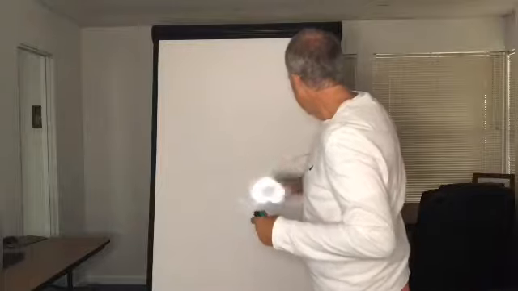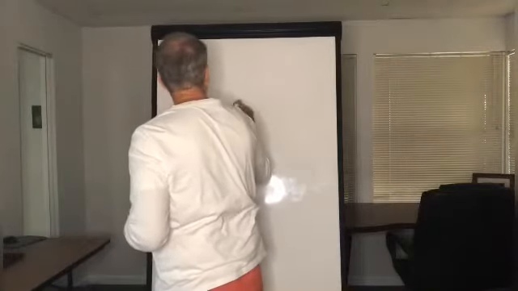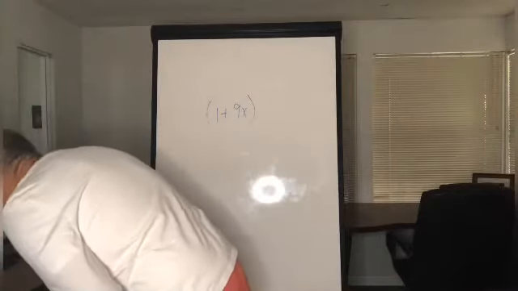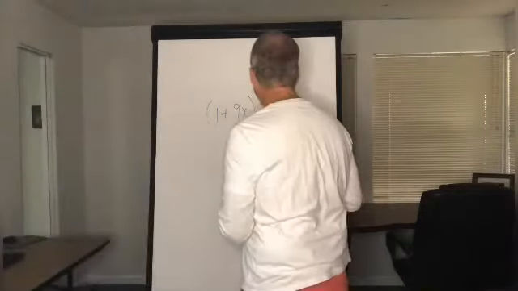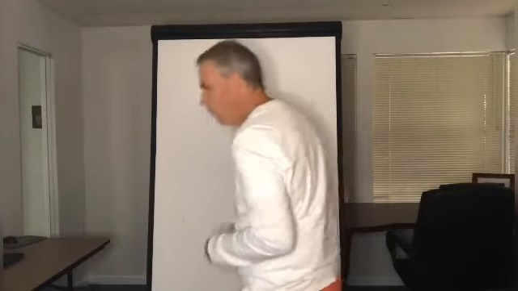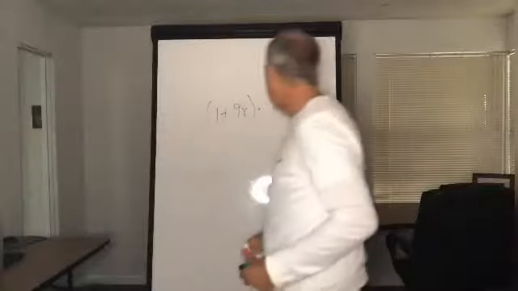Let me write the problem down first. So we've got 1 plus 9x, and then we've got dot negative 10. Okay, so there's the problem.